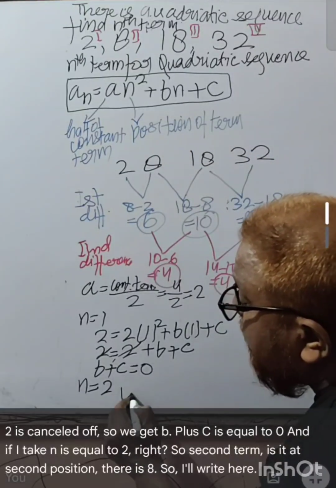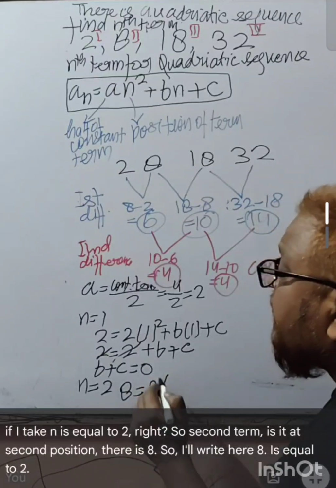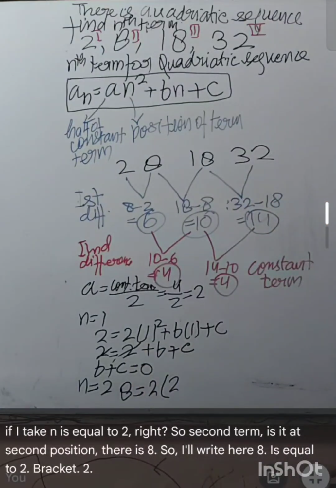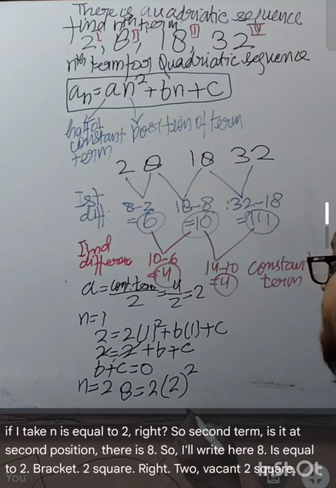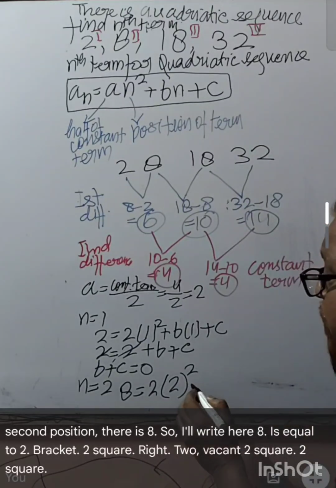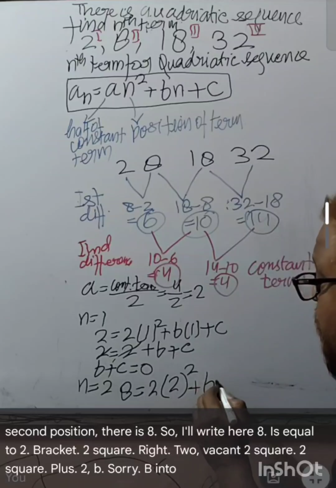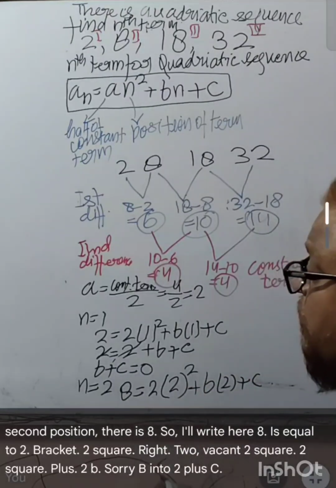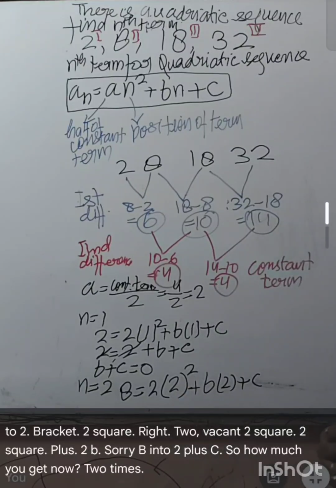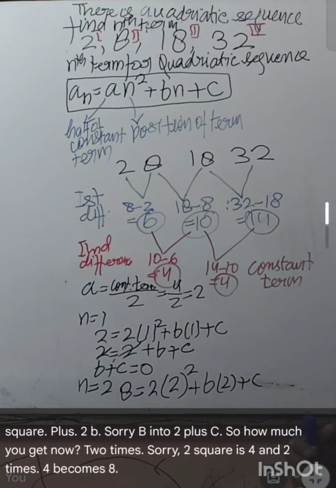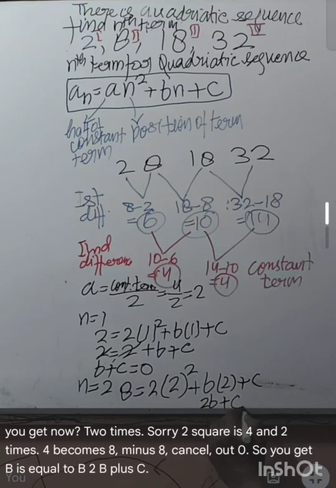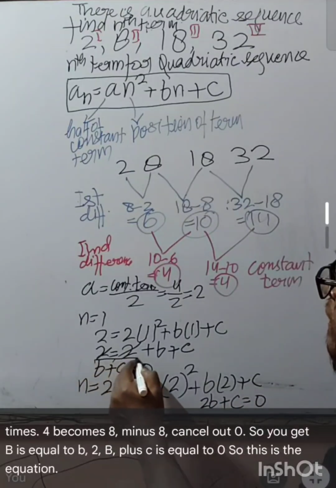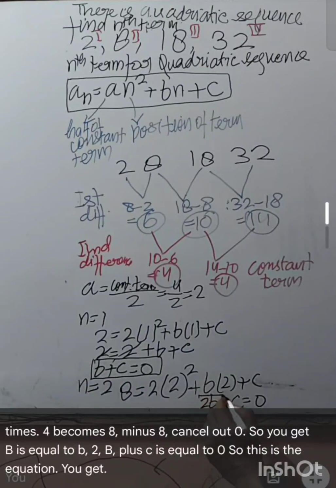So I write 8 is equal to 2 into 2 square plus b into 2 plus c. 2 square is 4 and 2 times 4 becomes 8. 8 minus 8 cancels out, so you get 2b plus c is equal to 0. These are the two equations we get.